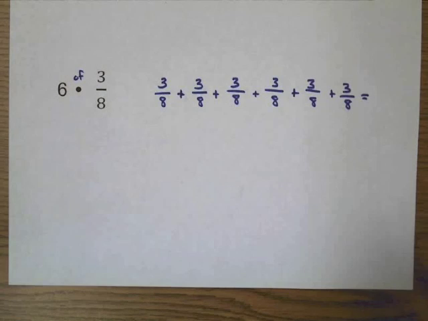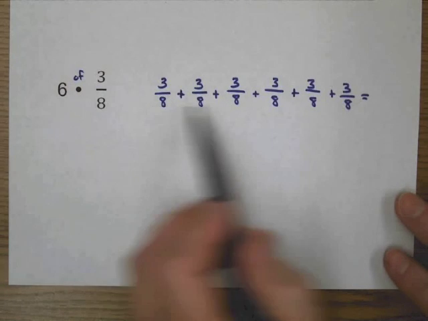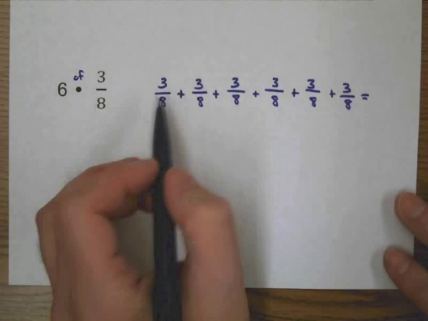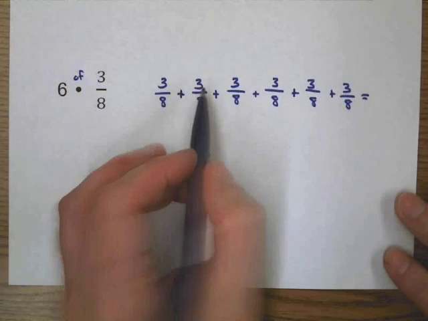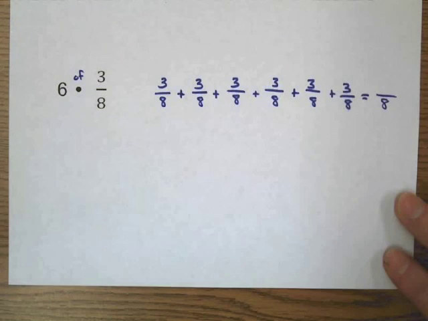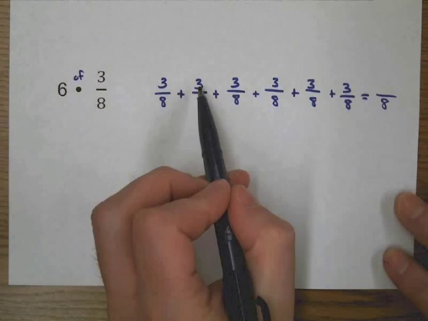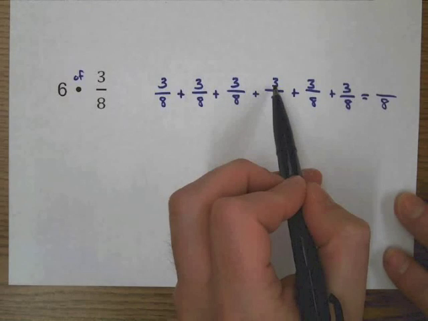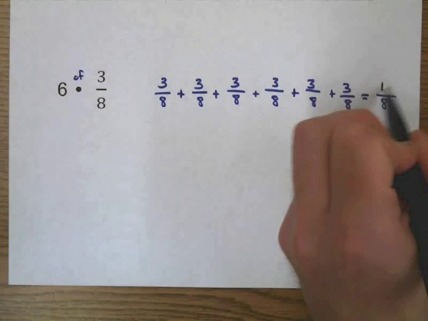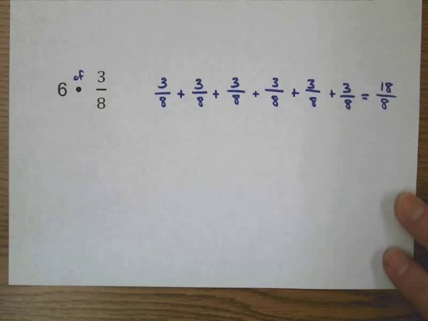With repeated addition, since I have a common denominator, they're all eighths, so I can just find out how many eighths I have. 3, 6, 9, 12, 15, 18 eighths.